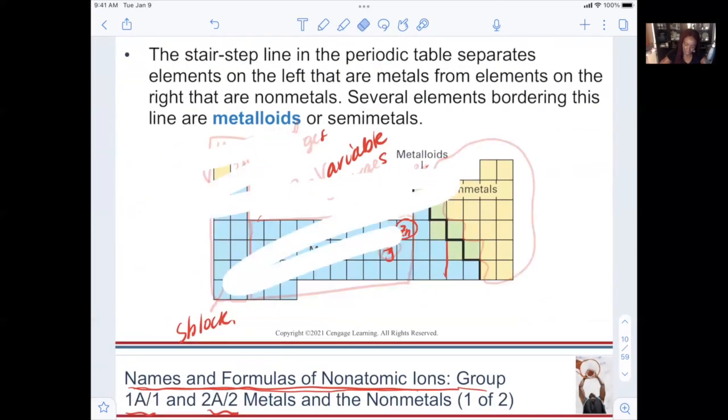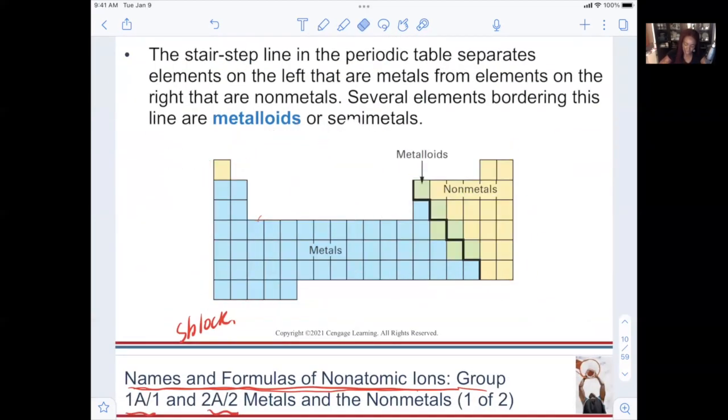Remember, going back to this, I need to recap. 1A has a charge of +1. The charge matches the group number. 2A has a charge of +2. 3A has a charge of +3. 4A is kind of complicated.